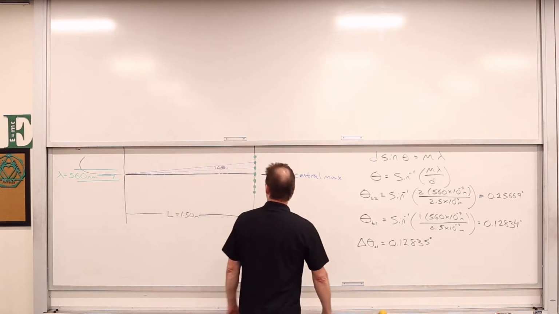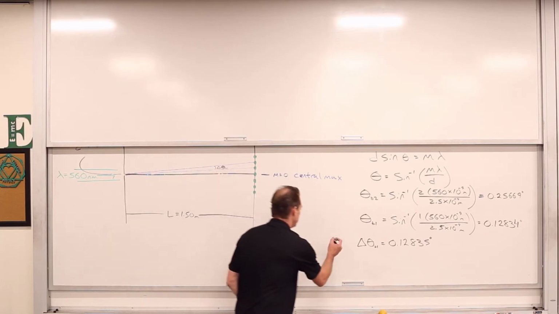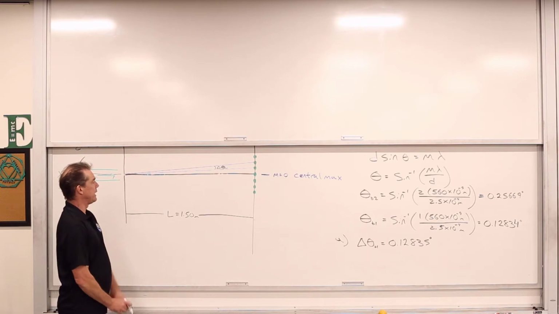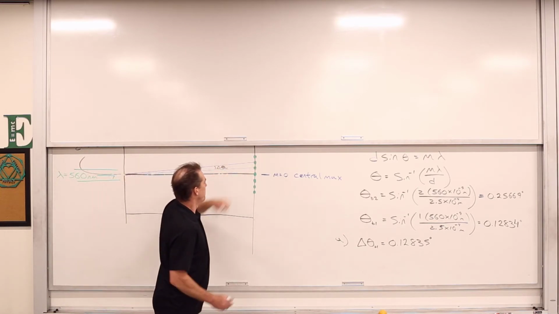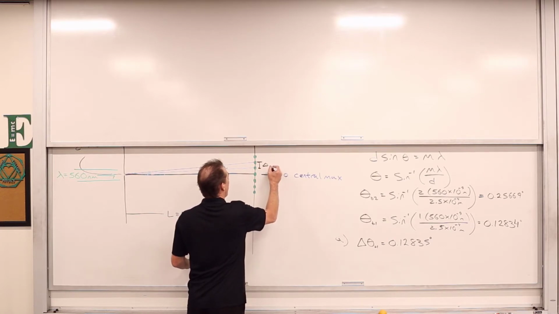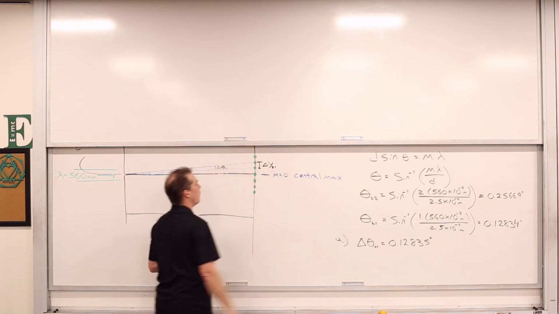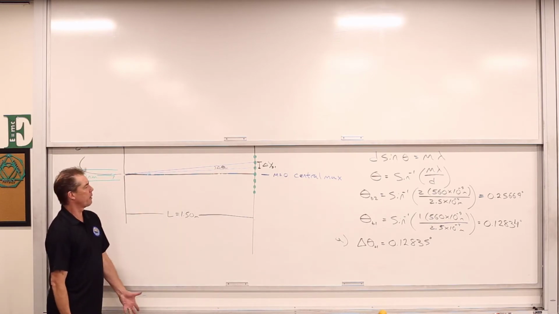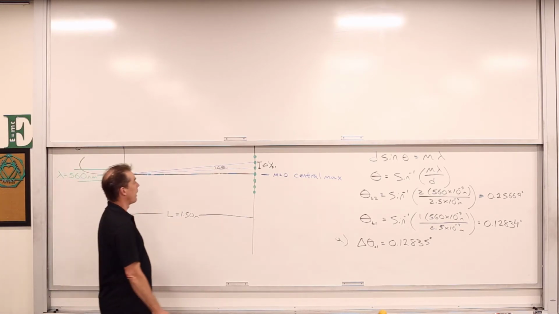What else can we ask? We can ask, what is the spatial separation between the first order maxima and the second order maxima? We can look at this. Delta y 2,1. What distance is the first and second order maxima separated by? All right.